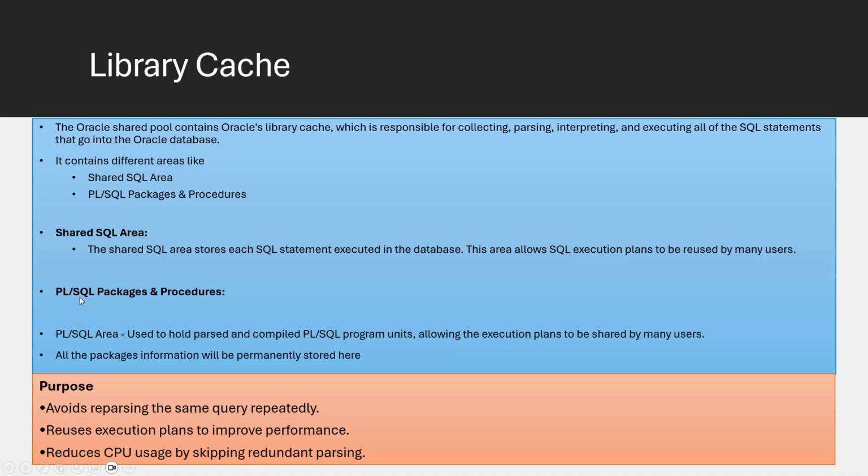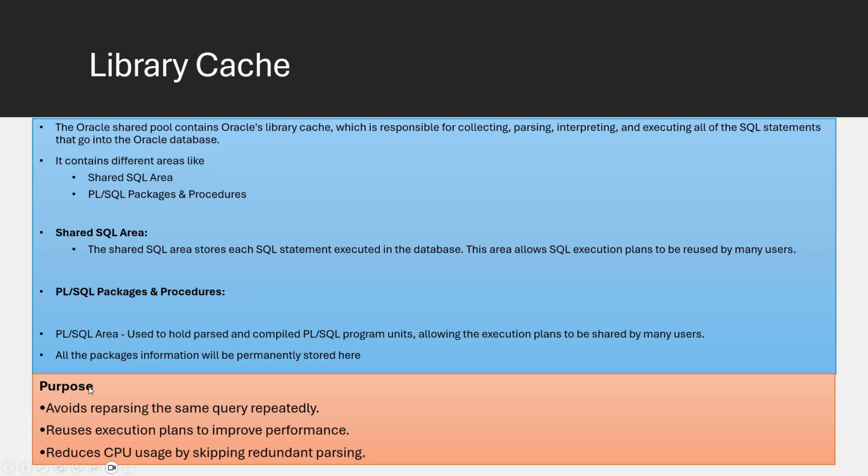And what does the PLSQL package and procedure area contain? It holds parsed and compiled PLSQL program units, allowing the execution plans to be shared by many users. All your PLSQL package information is permanently stored here.